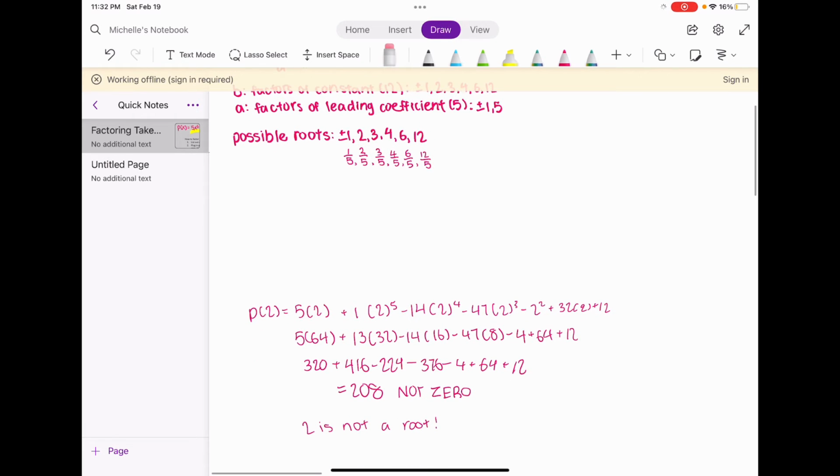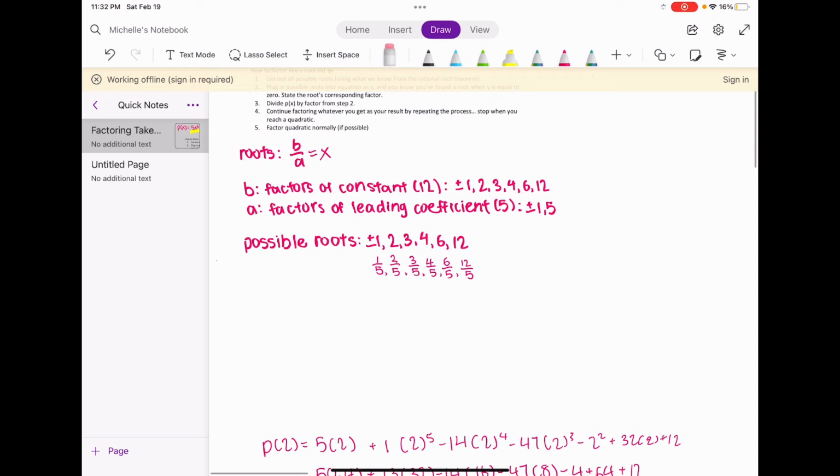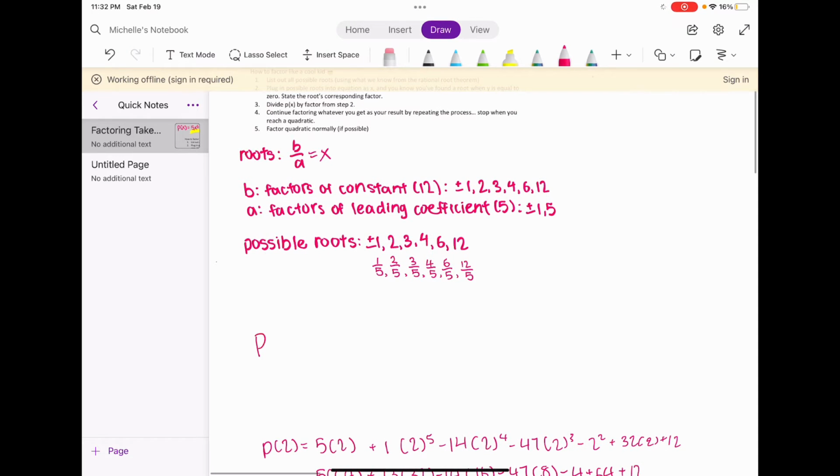This tells me that 2 is not a root of this function. But if I plug in 1 for x, I end up getting 0 as my output. This means that 1 is a root, and the corresponding factor would be x minus 1. And I've already discussed the factor theorem and how that works, so I'm not going to go into detail again.